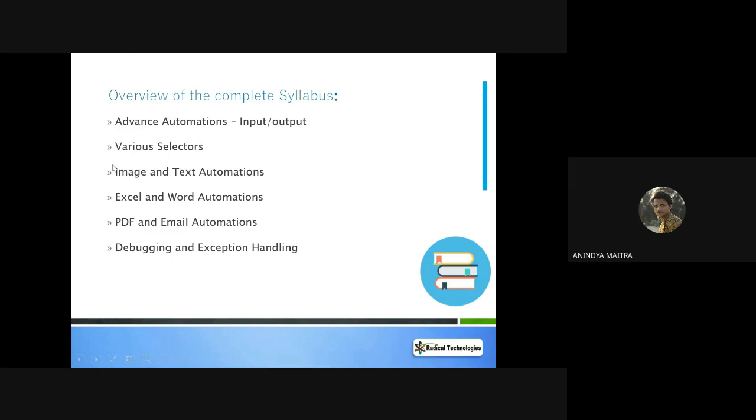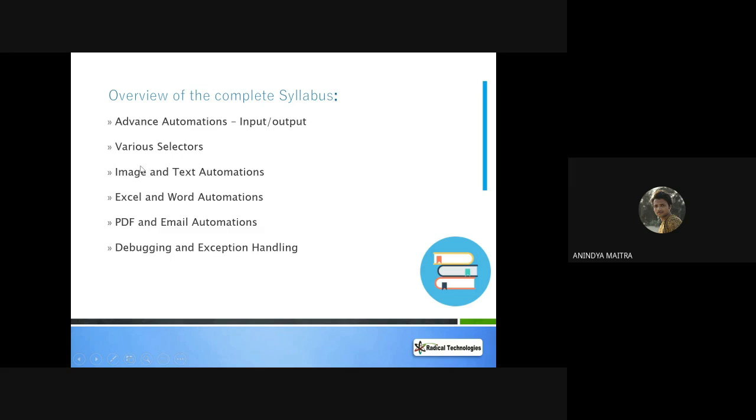Then we'll come to image and text automations, where the robot would read or do something with images and text. Then Excel and Word automations. Excel automation is very important, because the most important thing for the robot is structured input. When I say structured input, the best possible tool to give the robot a structured input is Excel.